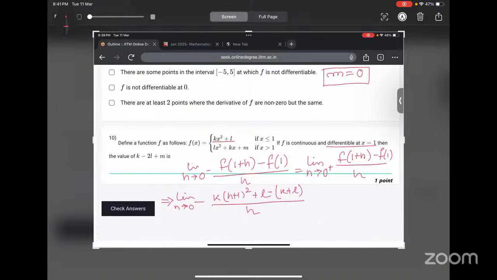And then limit h tending to 0 plus, we take this definition: L times (h plus 1) square plus k times (h plus 1) plus m minus (L plus k plus m), by h. Any doubt up to now?